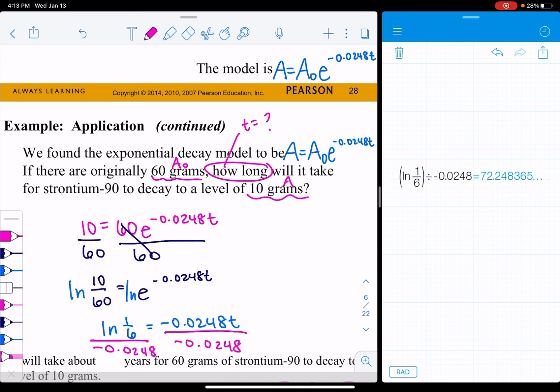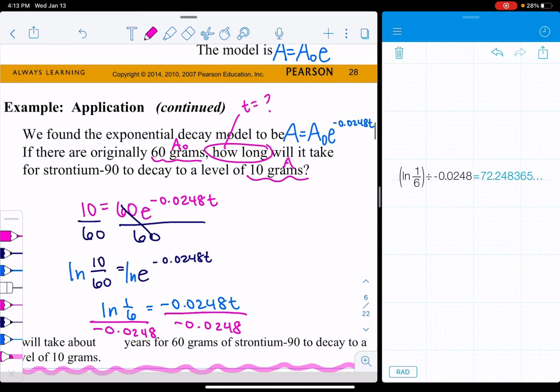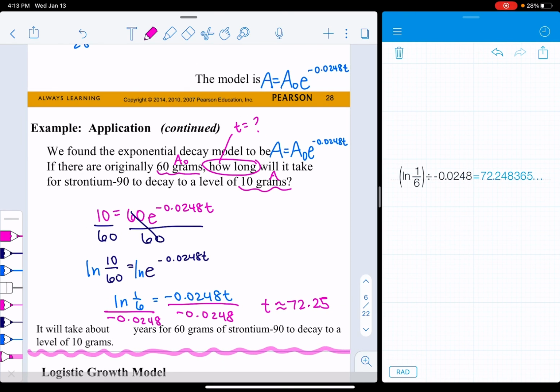We end up with 72.24. So t is approximately 72.25, I guess. All right, because that 8 will make that 4, go to the next number, round up. So it will take about how many years? Well, it's going to take about 72 years for that 60 grams of strontium-90 to decay to a level of 10 grams.